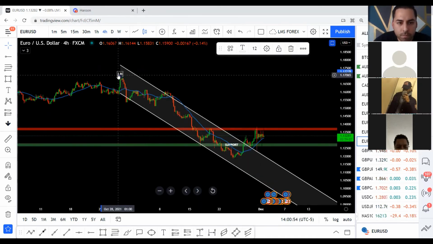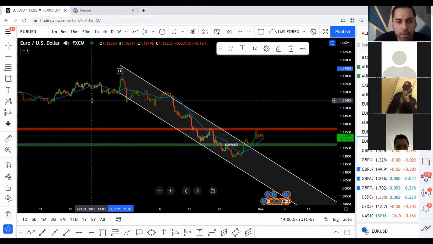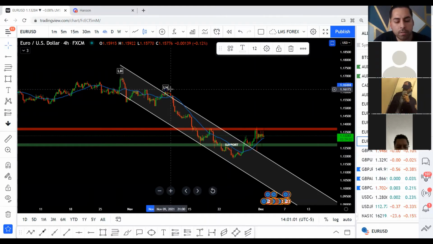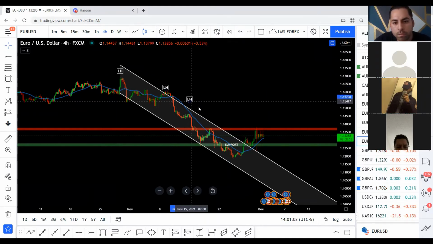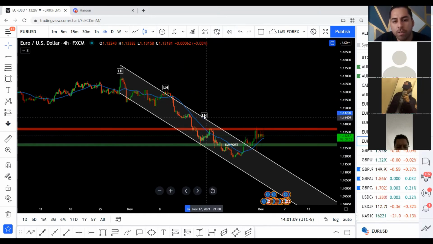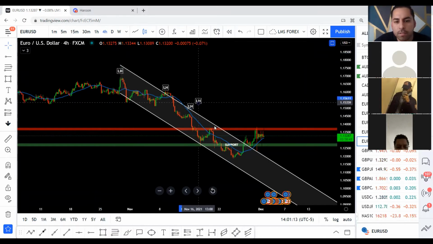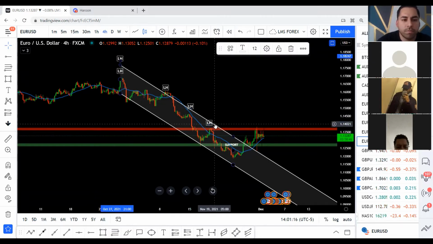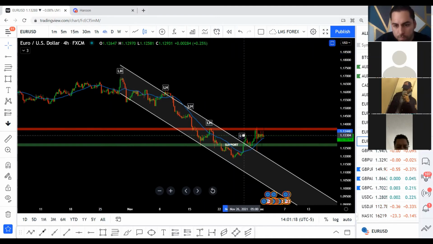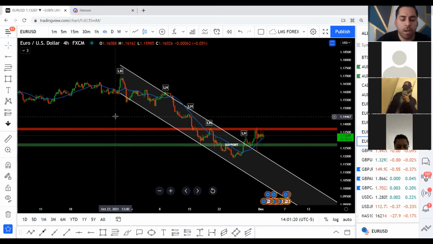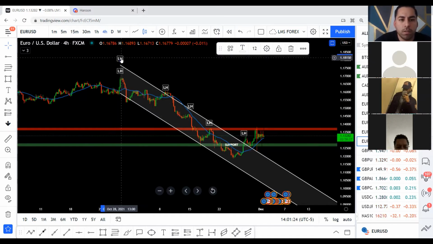Lower high. Copy this. Another lower high. And here is very tricky how you label them because it could be here, it could be here, but let's just go like this, the more clear ones here and here. And then we have lower lows.